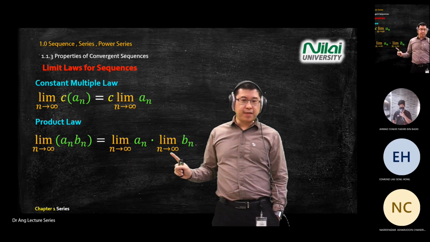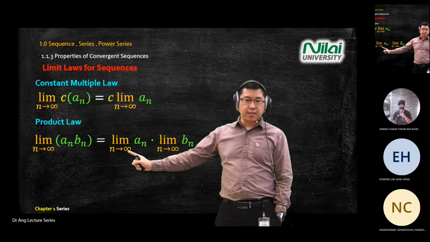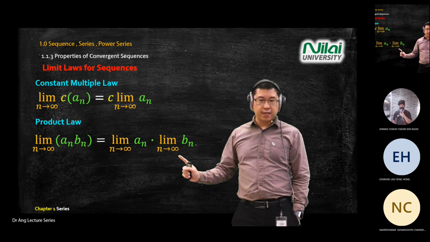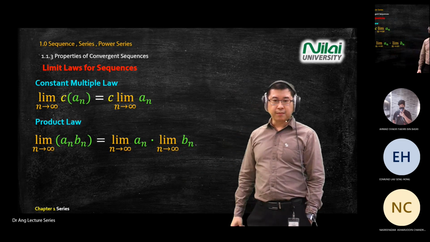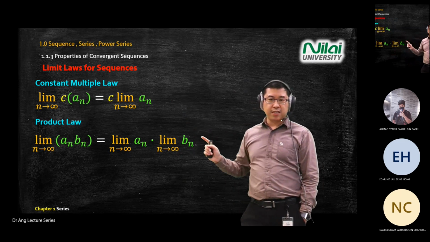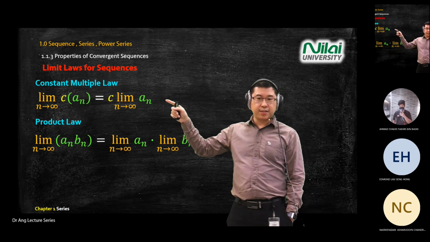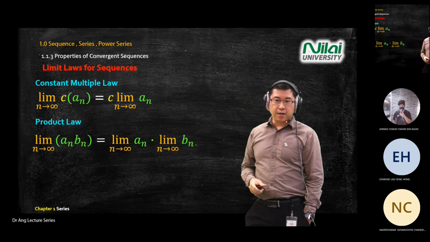You can break them into individual limits and then multiply them. So far, multiplication is quite easy. It is the same as the basic mathematics multiplication procedure.